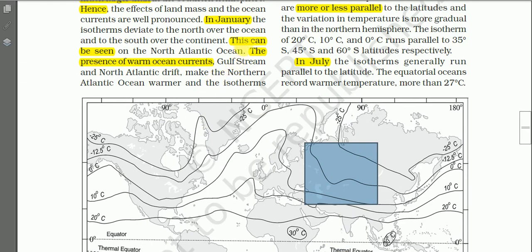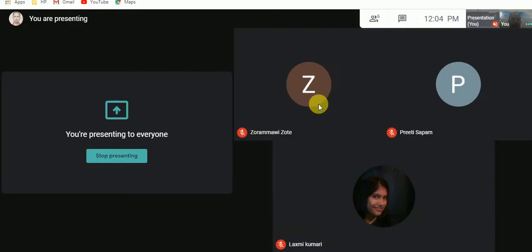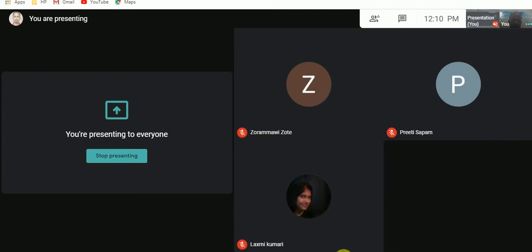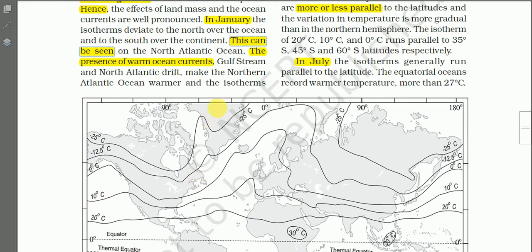And this can be seen. So the reason is here. Why is it bending towards the north over the ocean and towards the south over the continents?